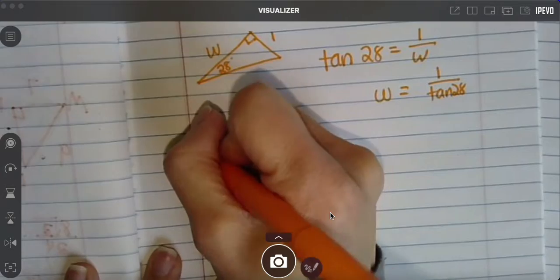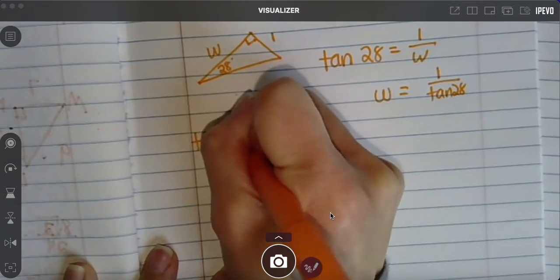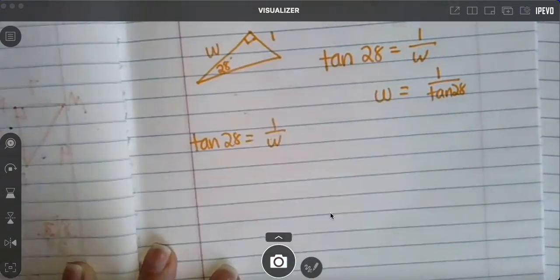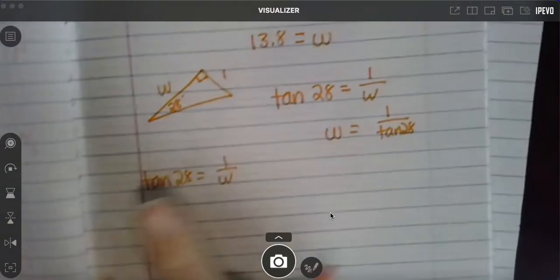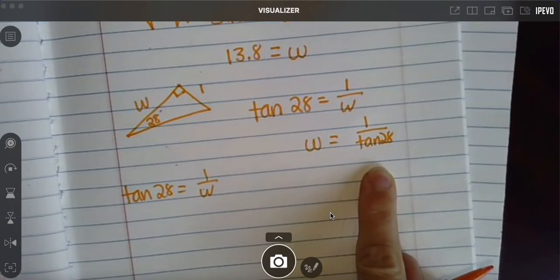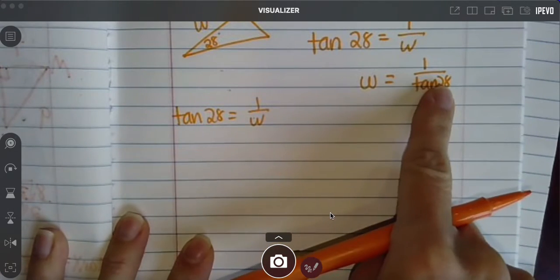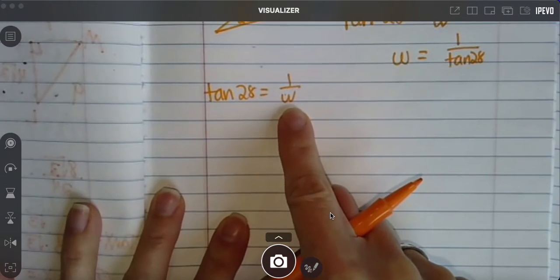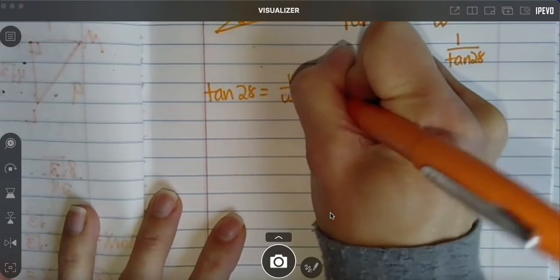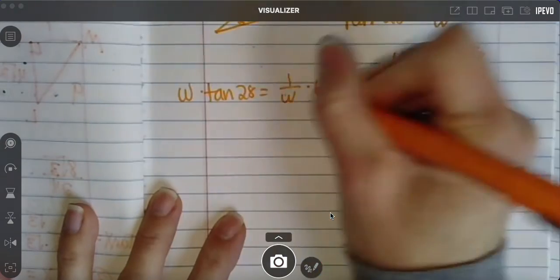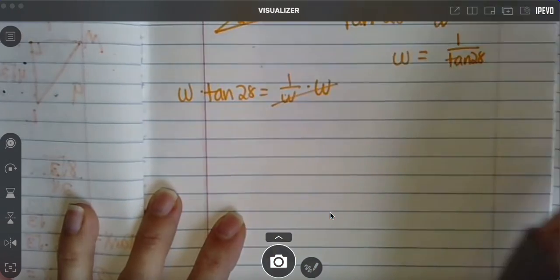Okay, I'll write it over here. The tangent of 28 equals 1 over W. If I was solving this out, this is my shortcut. Just memorize that you can do that. But if I solve it out, I would have to multiply by W to get that out of the denominator. So those would cancel out.